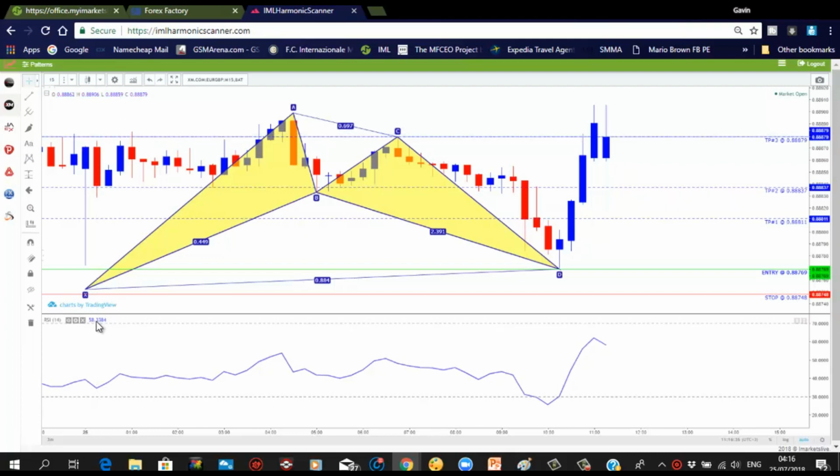We usually say 30 and below means oversold. Like I said, if you put your cursor in line with the D and you look to your left at the RSI, you see 30, which is great. That's a great indication that it was oversold and will reverse into a buy, which is what we want. So that's a confirmation that I would enter a trade.